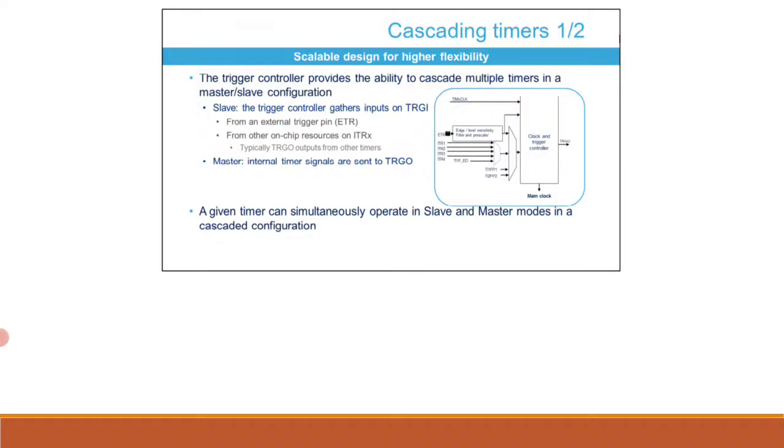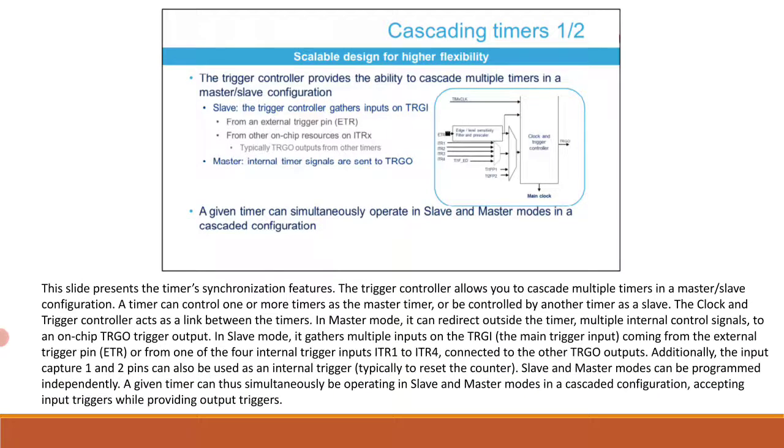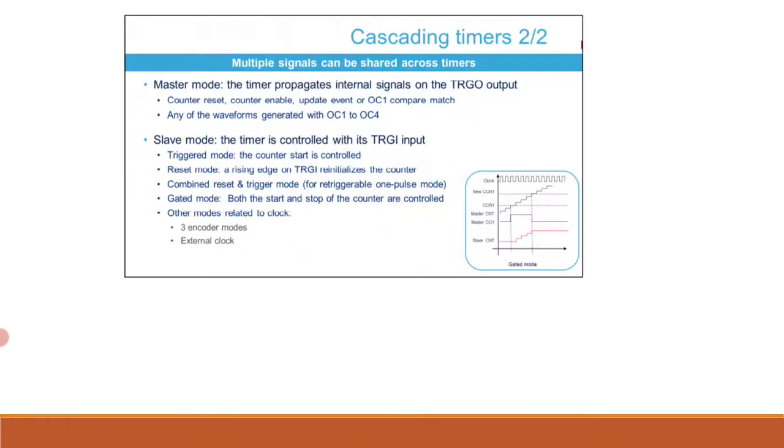Next, we will move on to the operating modes and the signals exchanged between timers. In master mode, 8 options are given for selecting the trigger to be sent on the TRGO output.